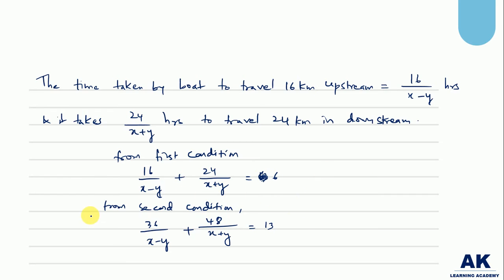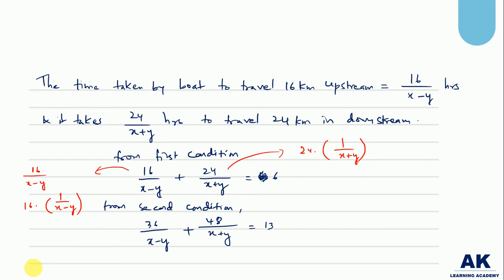Now I know that 16 by x minus y is 16 into 1 upon x minus y, right? In the same way, 24 by x plus y, I can write as 24 into 1 upon x plus y.